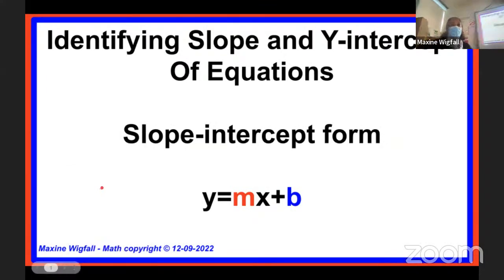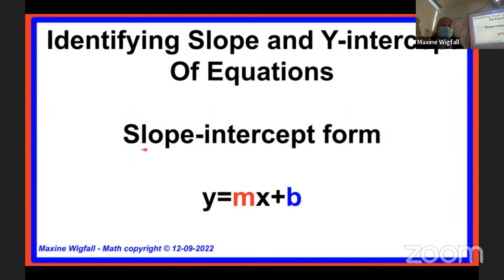Okay, so what we're talking about today is identifying the slope and the y-intercept of equations when the equation is in the slope-intercept form. It's very important to know the term slope-intercept form because you may take a test and they say use the slope-intercept form.